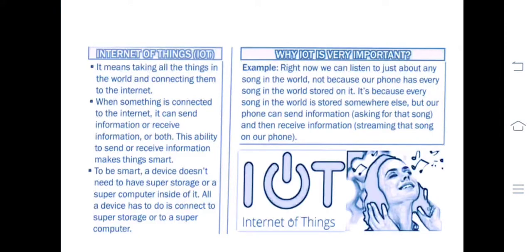After that it also receives information. What information? Streaming that song on our phone. Now we are able to listen to our song. Basically, Internet of Things is to send or to get information, or both can happen.